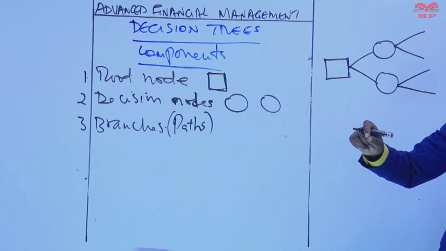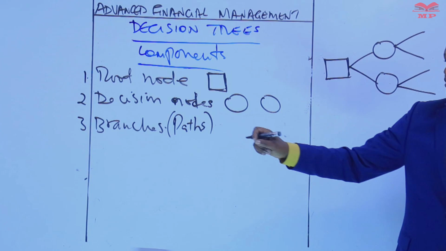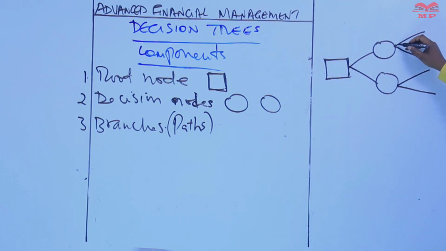This path, this branch is leading from a decision node, representing the possible outcomes or choices. You understand?